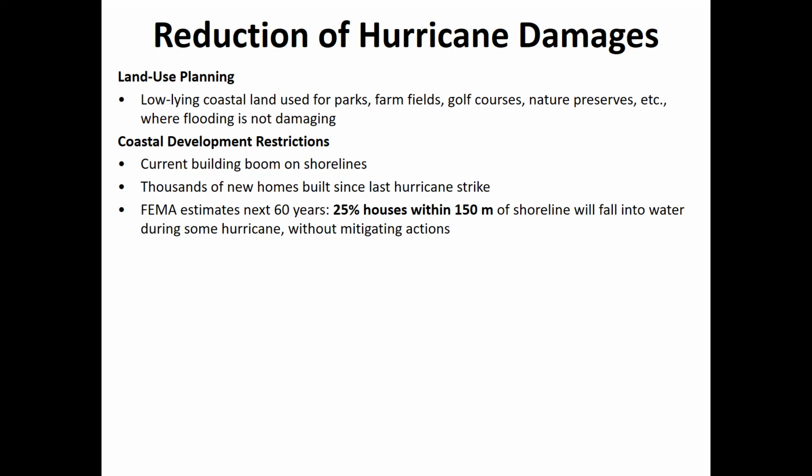There's currently a building boom on shorelines. Thousands of new homes are built since the last hurricane strike, often on many shorelines. FEMA estimates over the next 60 years, 25% of houses within 150 meters of a shoreline will fall into the water during some hurricane without mitigation actions.